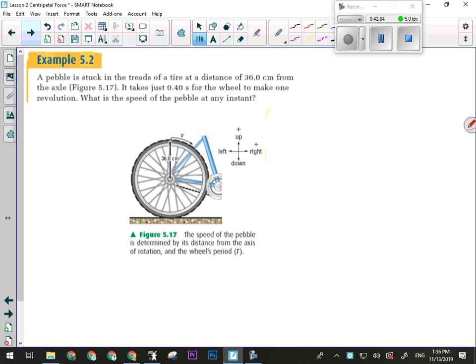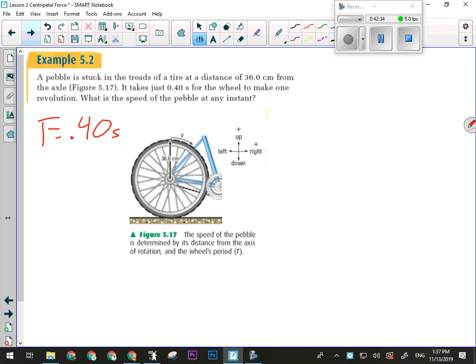So you've got a rock stuck in the tread of a tire, 36 centimeters, or 0.36 meters, from the axle. It takes just 0.4 seconds for the wheel to make one revolution. What is the speed of the pebble at any instant? Okay, so we're given what in this question? Period. It says it takes 0.4 seconds to make one revolution.